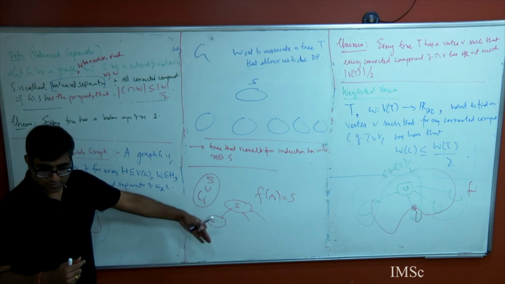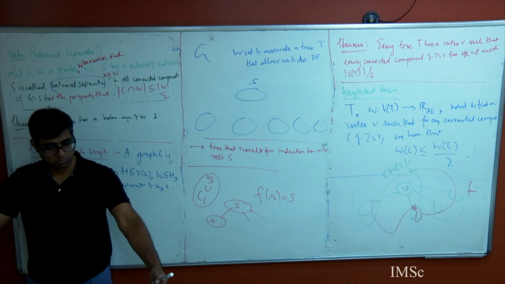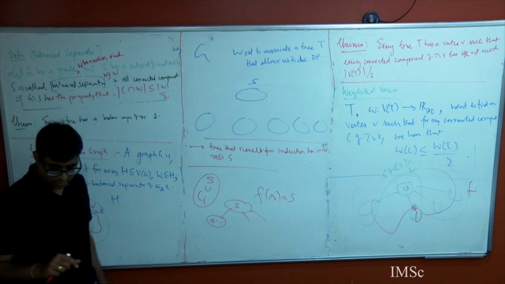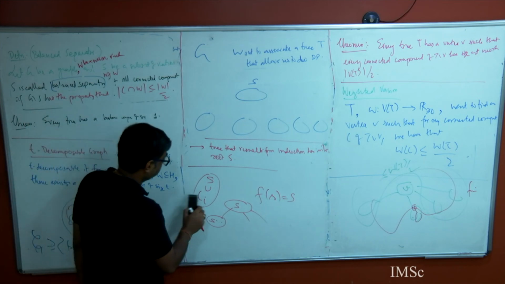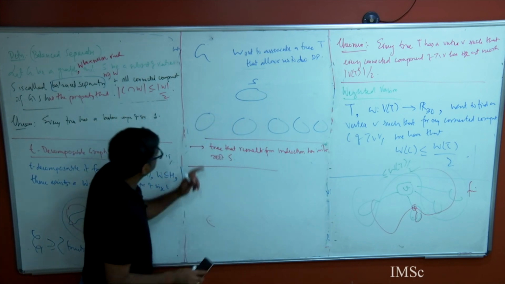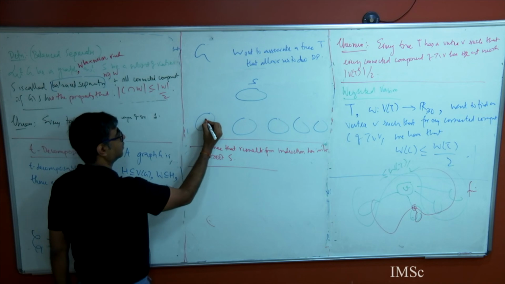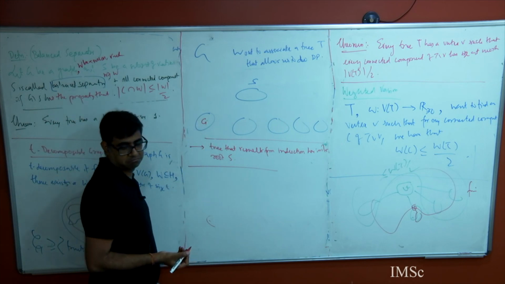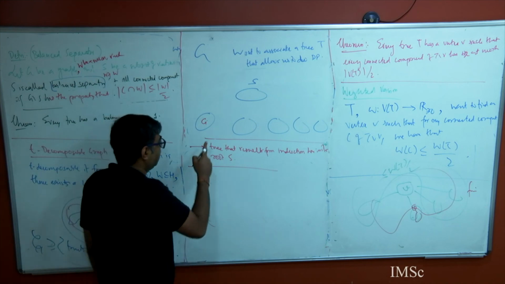Here, to apply this induction, I will give it a set W and say split it. This Ci has a balanced separator, but I will not call it like this.